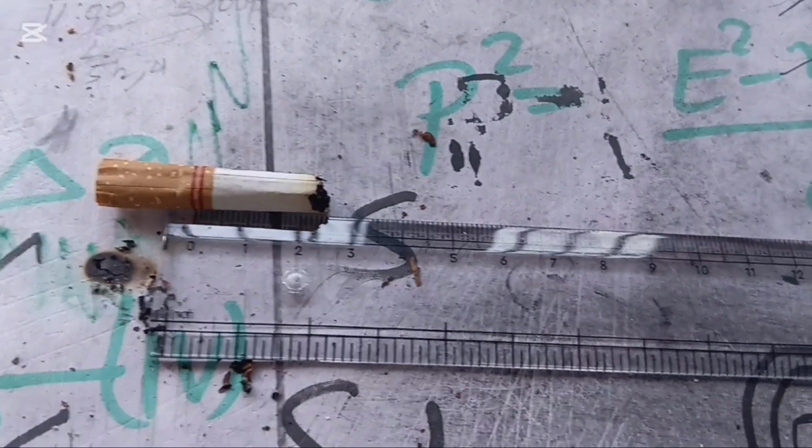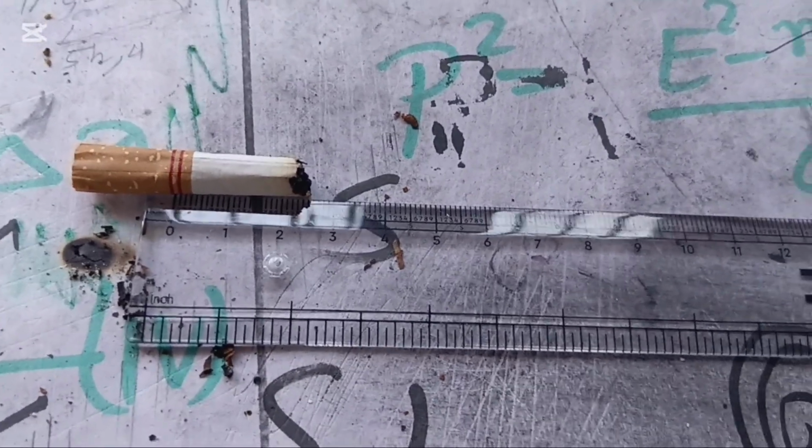Okay, I have done it for 30 puffs also, and the corresponding time I get is 24.80 seconds, and the length I have to measure from the ruler. So I would like to first balance it in position.